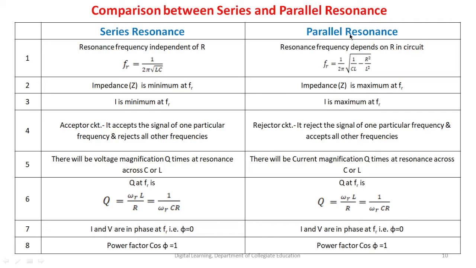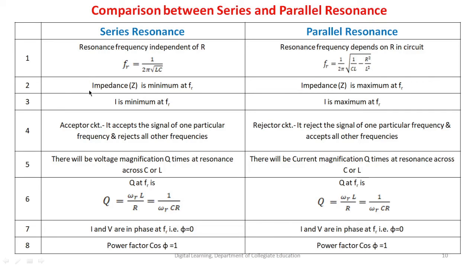But in the parallel resonance circuit, the resonance frequency depends upon the resistor of the circuit. So the frequency at resonance will be equal to 1 over 2 pi into square root of 1 by LC minus R square by L square. Here R factor is there. Therefore, the resonance frequency depends on the resistance of the circuit.